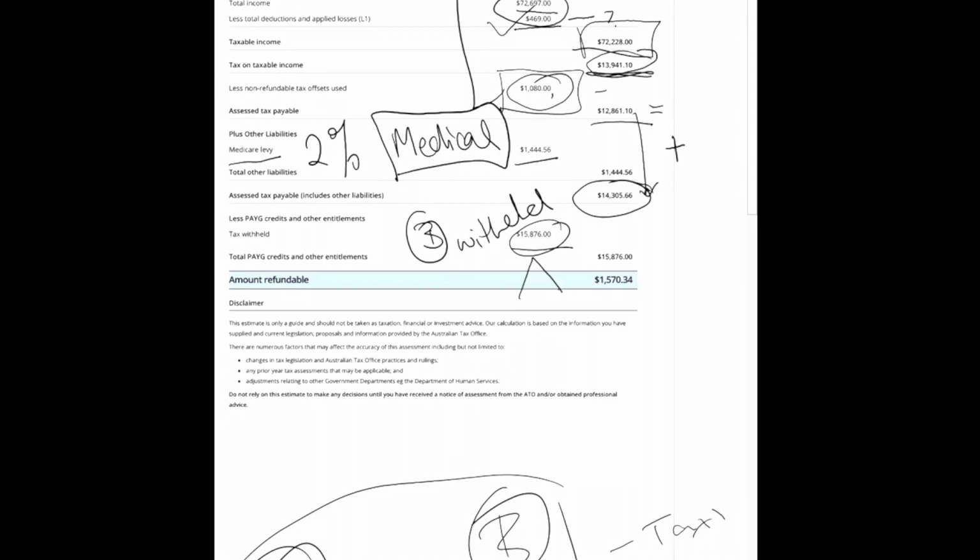So if we look at this tax return, we go back here, we see that throughout the whole year, this boss has withheld $15,876. The tax assessable to be paid is $14,305.66. Therefore, the refund, $1,570.34.